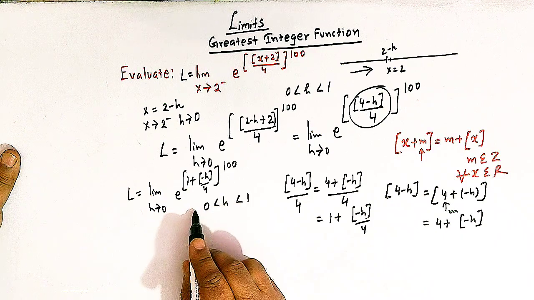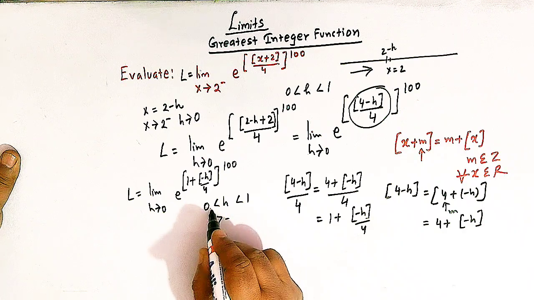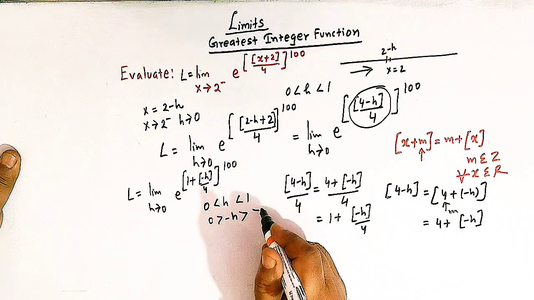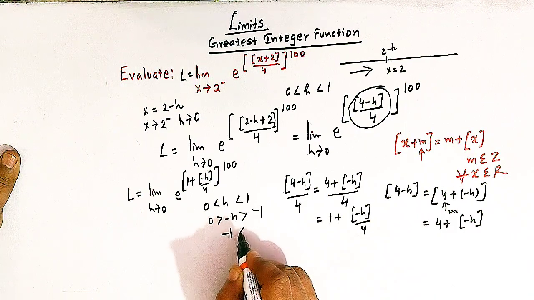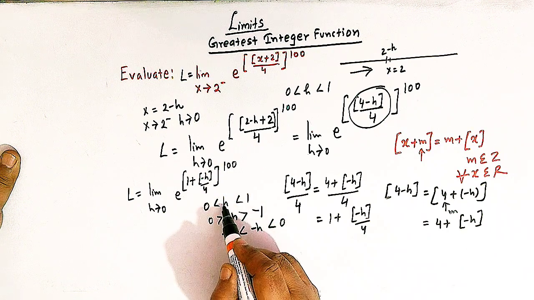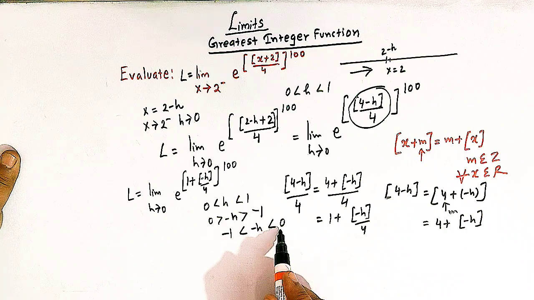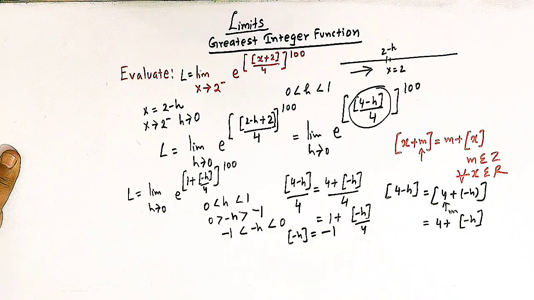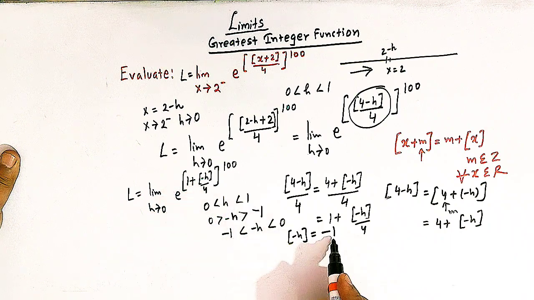If we multiply throughout by minus 1, the direction of the inequality gets reversed, so we have minus h between minus 1 and 0. So when h lies between 0 and 1, minus h lies between minus 1 and 0, and the greatest integer of minus h should be equal to minus 1.